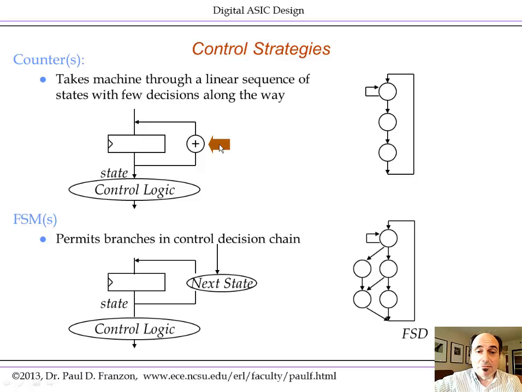You just add 1 to the current state. So in reality, these are fairly similar, but a counter is often explicitly designed using the templates I give you in this class when it is called for. Finite state machine, of course, you're going to have these complex decision trees with alternative next states, and that leads to the use of the more merely template that I gave you in a previous set of notes.